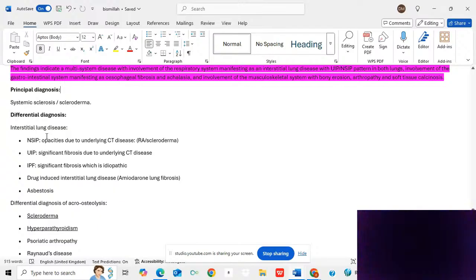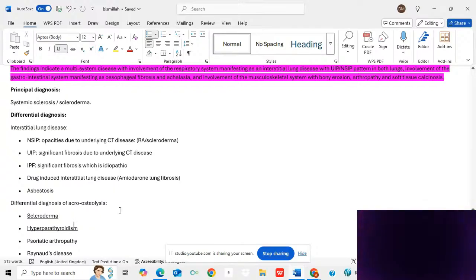Non-specific interstitial pneumonia: opacities due to underlying connective tissue disease such as rheumatoid arthritis and scleroderma. Usual interstitial pneumonia: significant fibrosis due to underlying connective tissue disease. Idiopathic pulmonary fibrosis: significant fibrosis which is idiopathic. Also drug-induced interstitial lung disease or amiodarone lung fibrosis, and asbestosis.